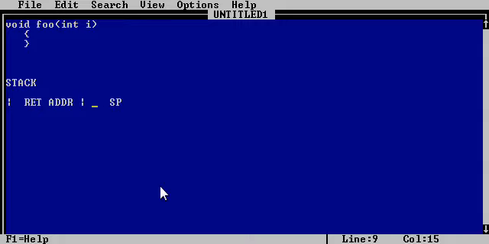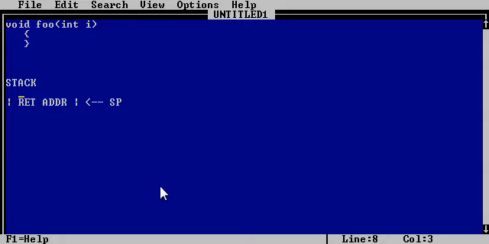That's why they call them pointers, because they point just like you point with your fingers. So whatever is in SP, the address pointed to by SP is the return address. But that's not the one that we want. We want the thing that was pushed before the return address was pushed.